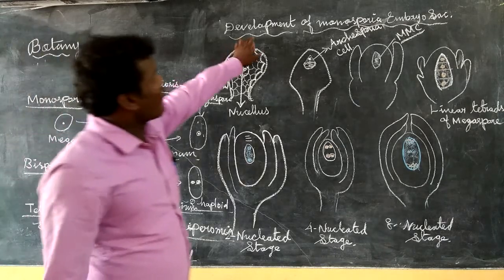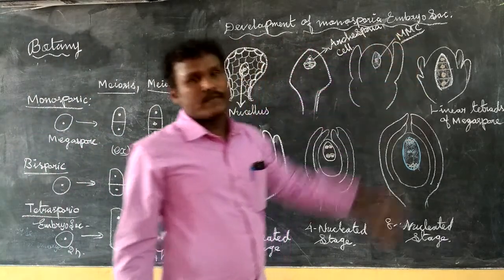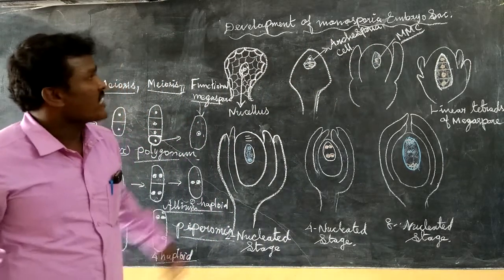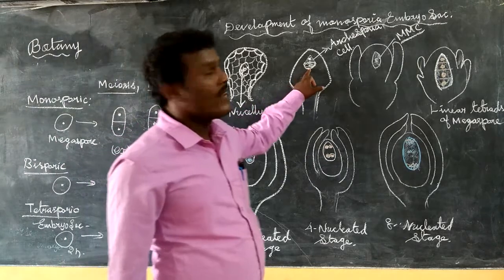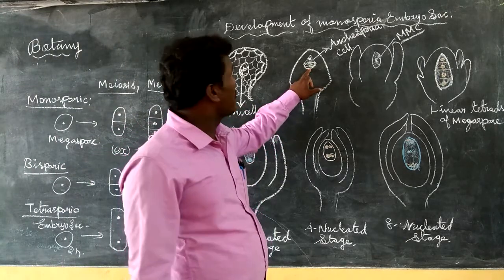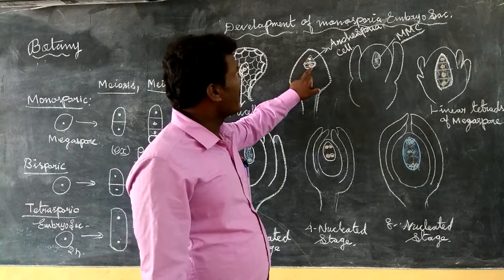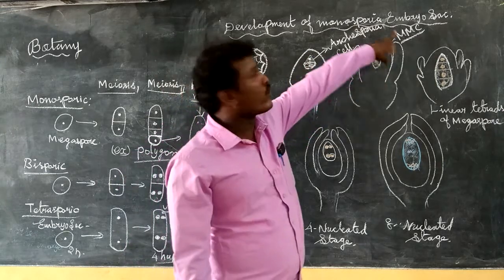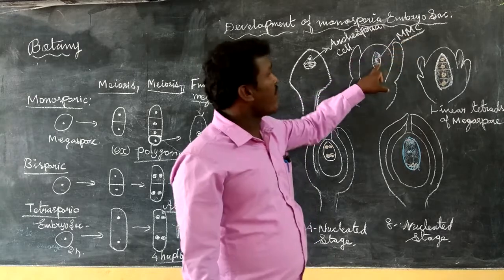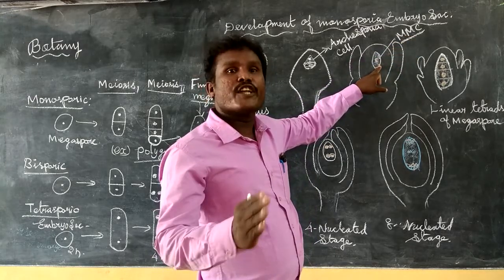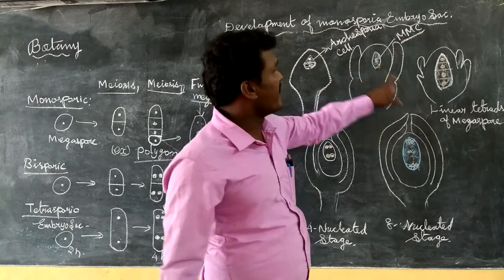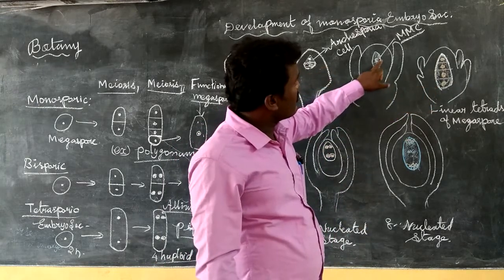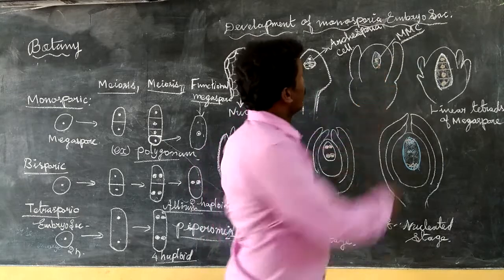Now coming to the development of a monosporic embryo sac. As we said, the archesporial cell undergoes division to form a parietal cell and the sporogenous cells. The sporogenous cells act as a megaspore mother cell.